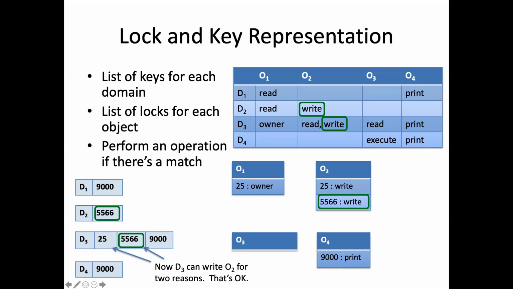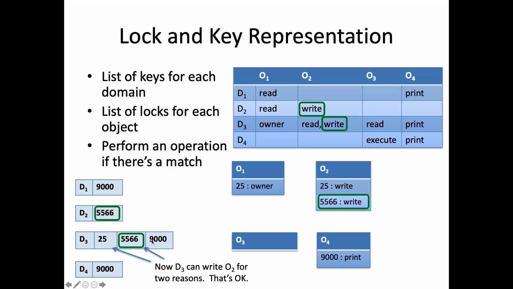Down at the bottom, you'll notice if you're running in domain D3, you've got two keys that let you write to that object, and that's okay. If you've got key number 25, that lets you write to object O2.